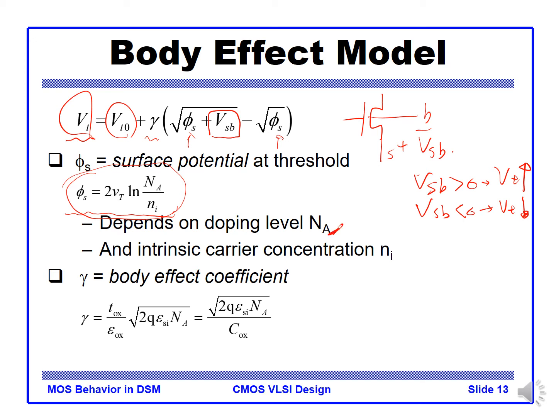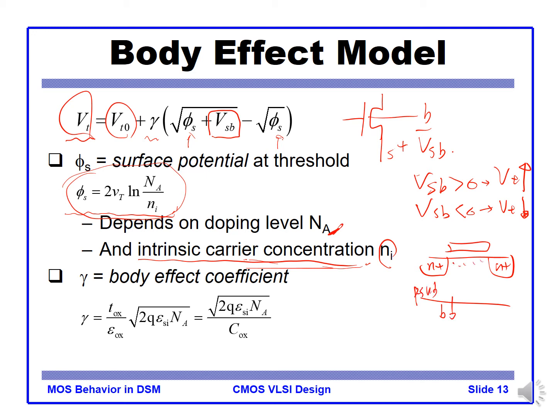So the surface potential voltage is defined by this device equation that depends on the doping level, Na, and Ni is the intrinsic carrier concentration. So for example, if you have a higher doping on the channel for NMOS here, the body is P-type.